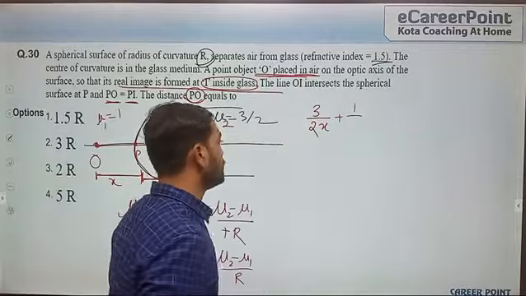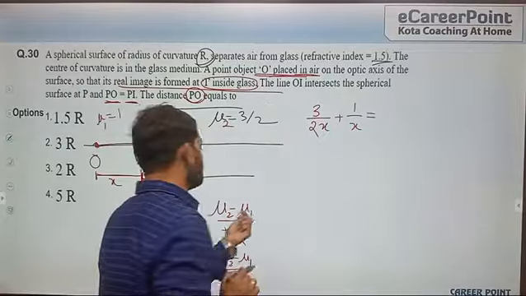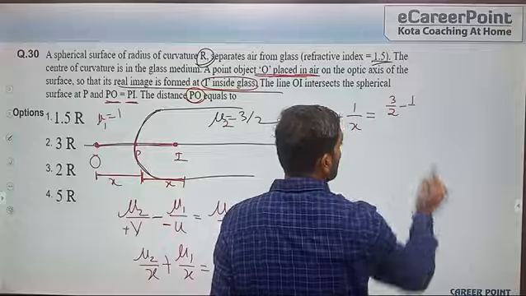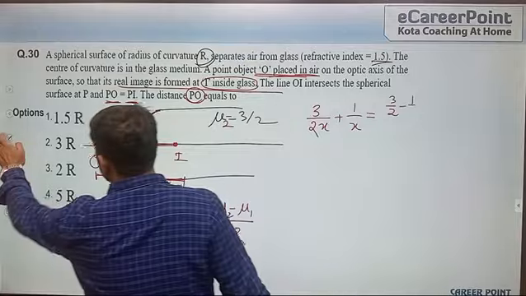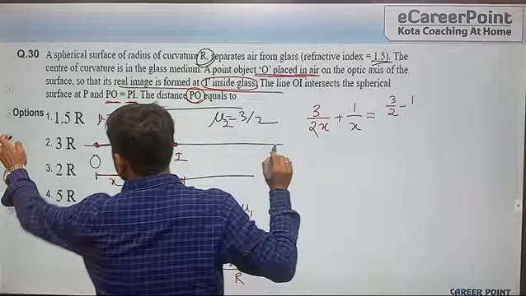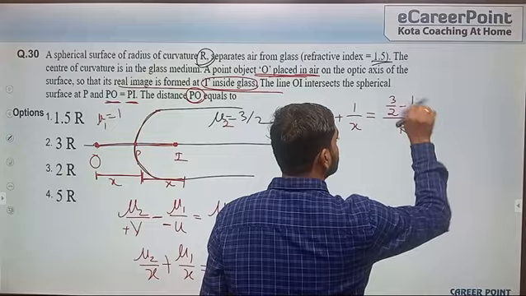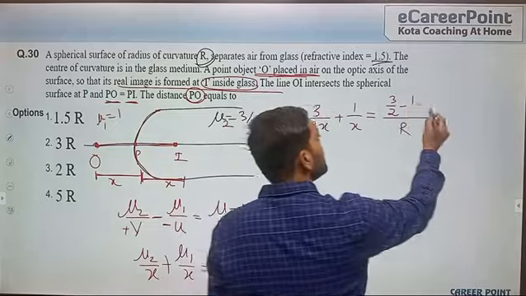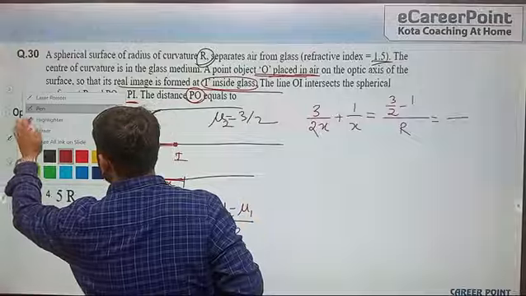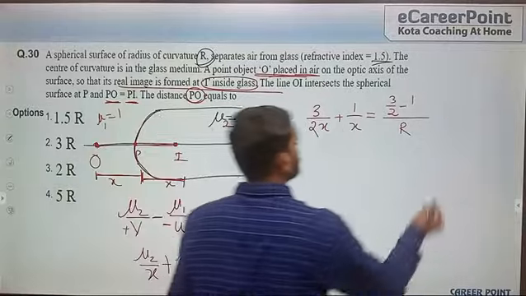And U is equal to X. So mu2 minus mu1 is 3 by 2 minus 1, all by R. So let us write here.